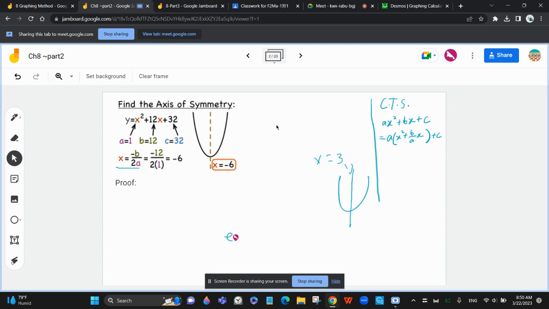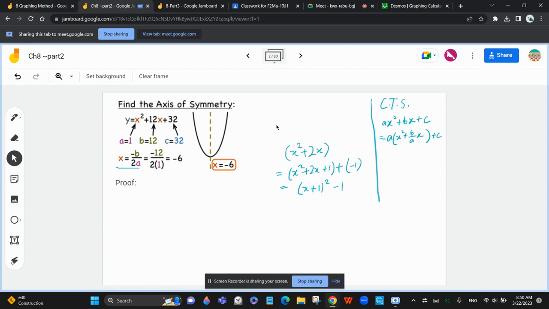If we have x squared plus 2x, to complete the square, we add the 1 and then we add the minus 1. So we have a perfect square, x plus 1 squared minus 1.